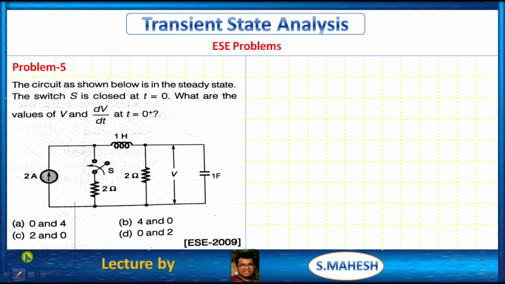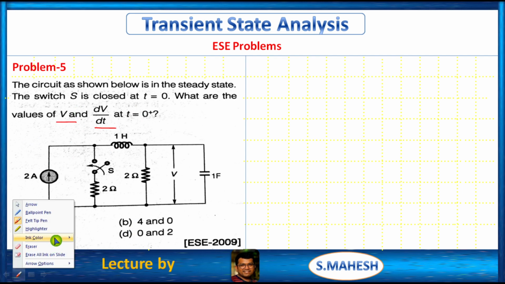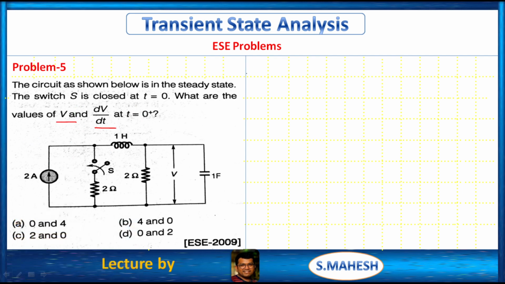Next, fifth one, the circuit as shown below is in the steady state. When S is closed at t equals 0, what are the values of V and dV by dt? Let us take before closing the switch, t equals 0 minus.